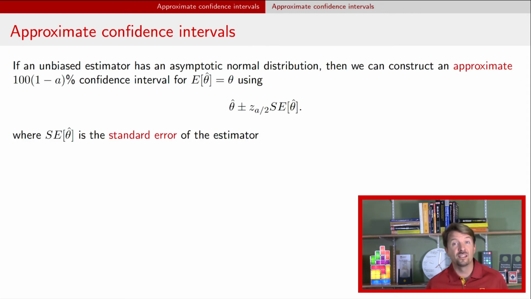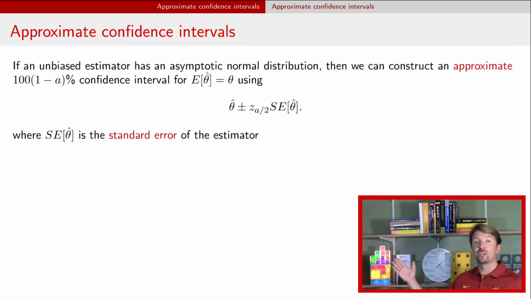The way that we construct the approximate confidence interval for a particular parameter theta is that we take an estimator of theta, in particular an unbiased estimator of theta, and then we add and subtract this z critical value times the standard error of that estimator. Okay?